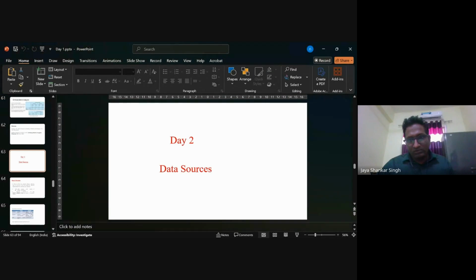Anyone who wants to tell me how you will define qualitative data? Qualitative data helps you to capture behavior, opinions, experiences, unlike quantitative data where you have numerical information.